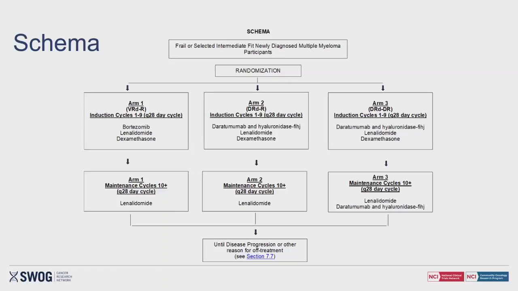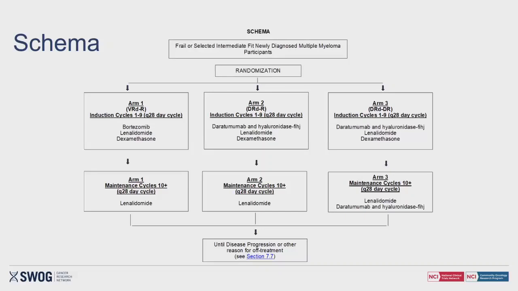Okay, good. All right. So this is really the crux of it. It's DRD with R maintenance, as in MAIA, and RVD light with R maintenance, which is a fairly common regimen for many people who are transplant ineligible.